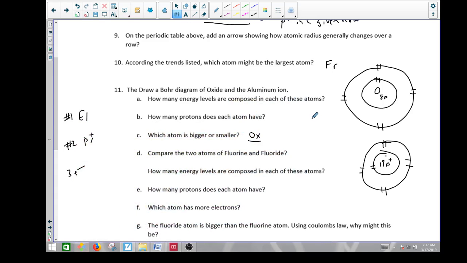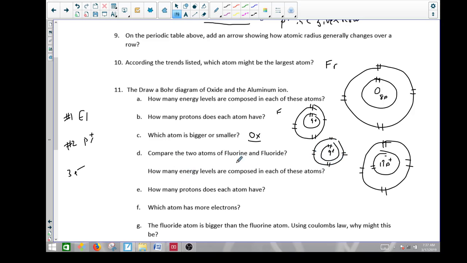So fluorine is going to have 9 positives. 1, 2, 1, 2, 3, 4, 5, 6, 7, 8, 9. That's fluorine. And fluoride is going to have 9 protons, 1, 2, and the whole thing is going to look just like these. 1, 2, 3, 4, 5, 6, 7, 8, 9, 10.